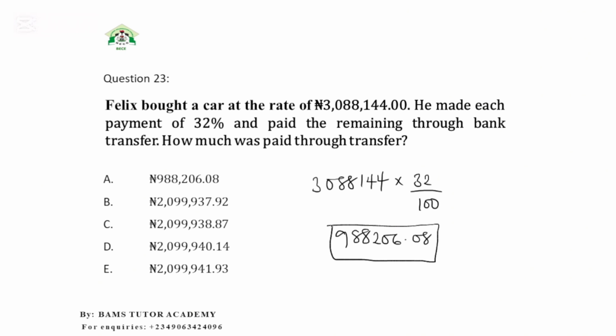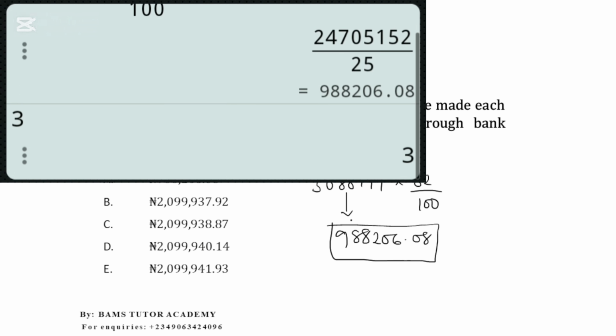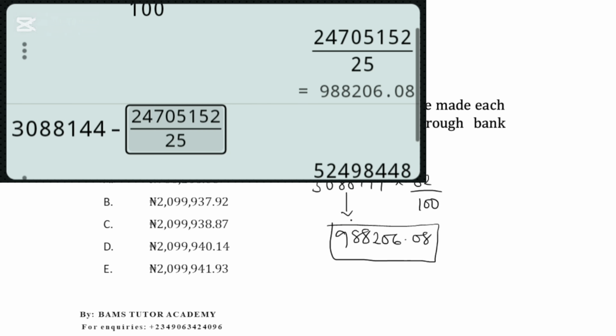So the remaining was paid through transfer. So we are going to do this guy minus this. We are going to be doing it from my calculator. 3,088,144 minus our answer.